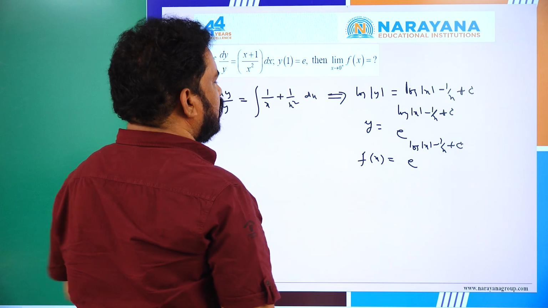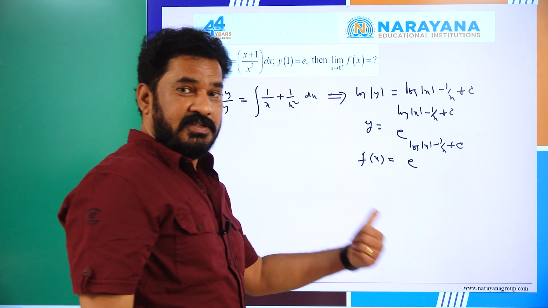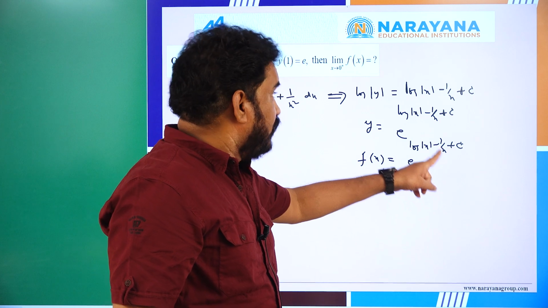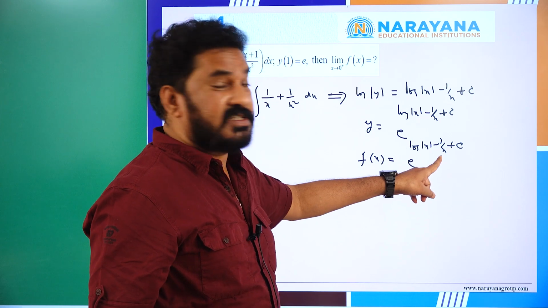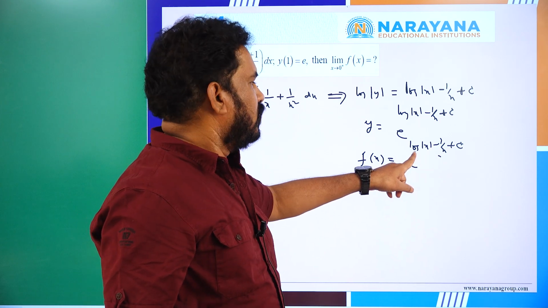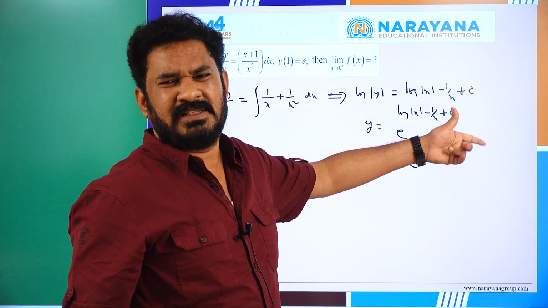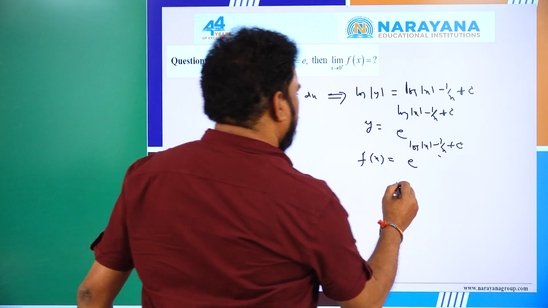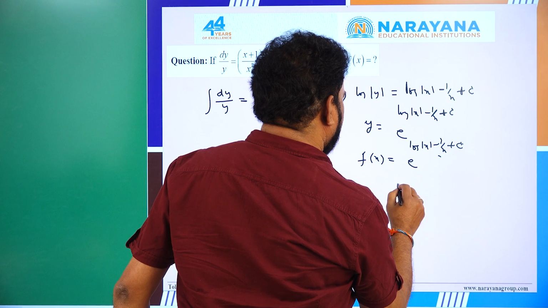So when x tends to 0, log x tends to minus infinity, and since 0 plus is given, 1 by x also tends to minus infinity. So minus infinity plus some constant c is there. So totally it is e power minus infinity.